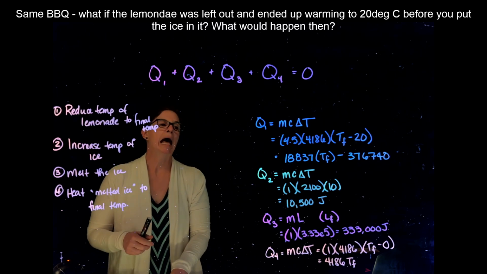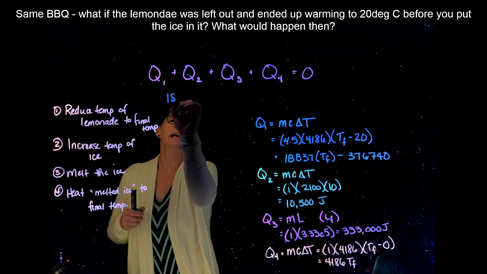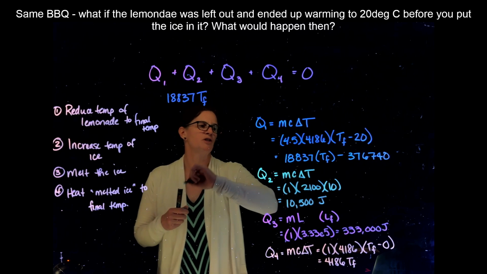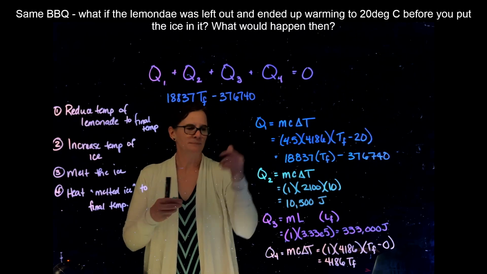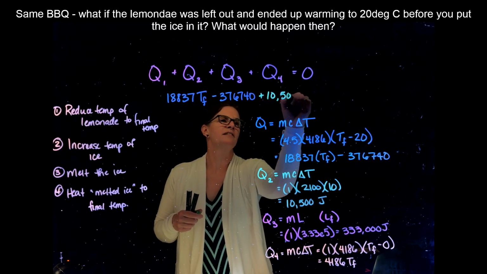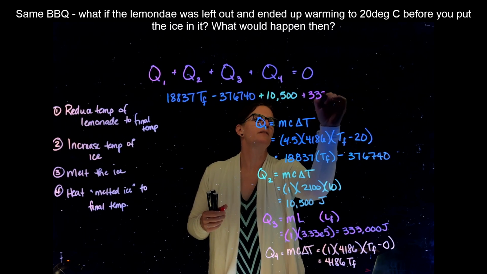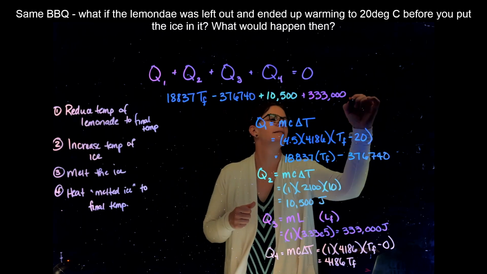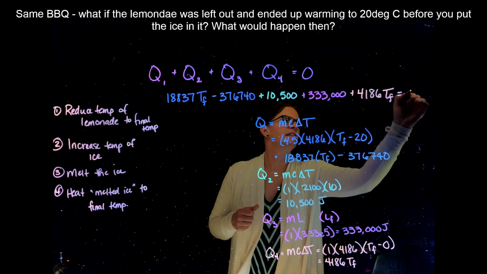All right, so each amount of heat individually, and now we're going to put them all up here in this equation as I erase them. So we have, for Q1, 18,837 times our final temperature minus 376,740 plus 10,500 plus 333,000 plus 4186 T final, and that has to equal 0.